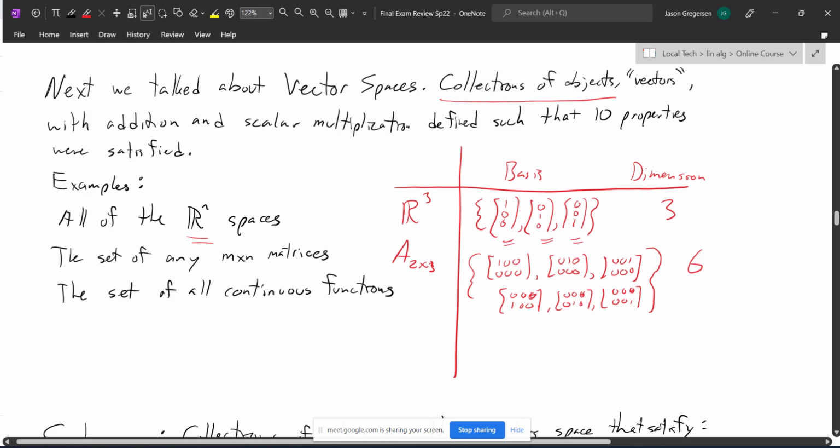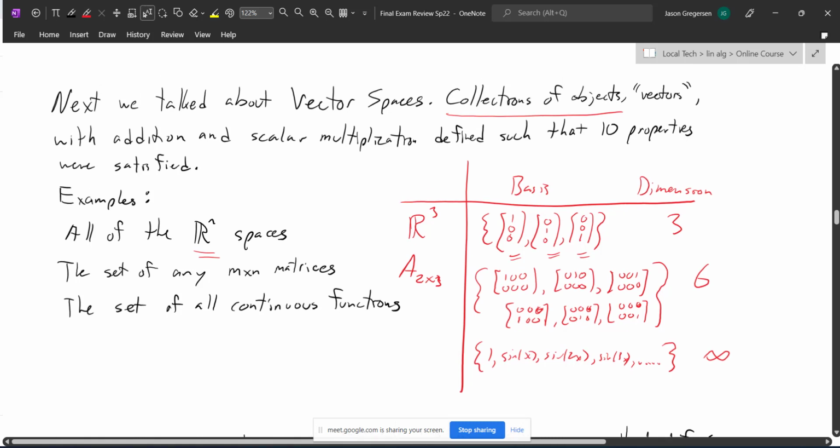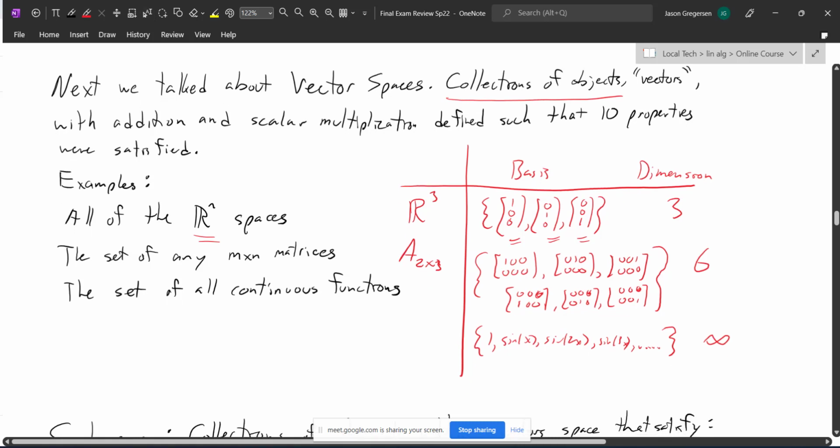It turns out one example of a basis for this would be 1, sine of x, sine of 2x, sine of 3x, dot dot dot forever. That would be a basis for this space, which means the dimension of this space would be infinity. This would be an infinite dimensional vector space. So just a neat example. In our course, we focused on finite dimensional vector spaces.